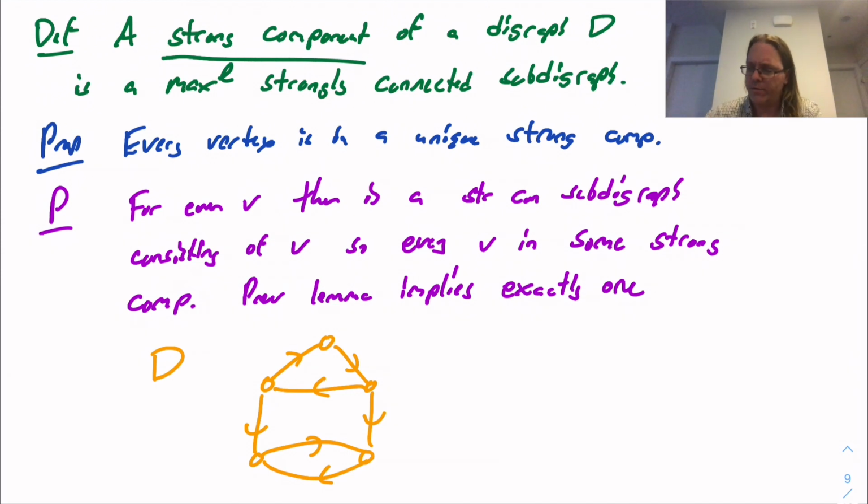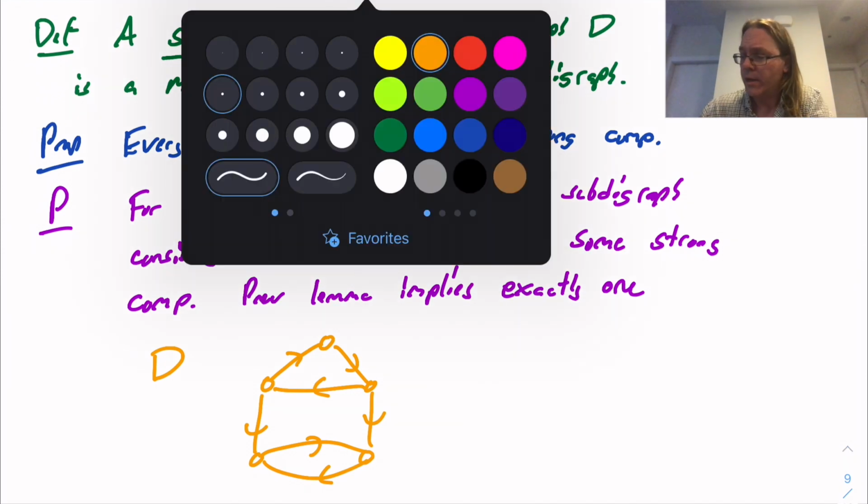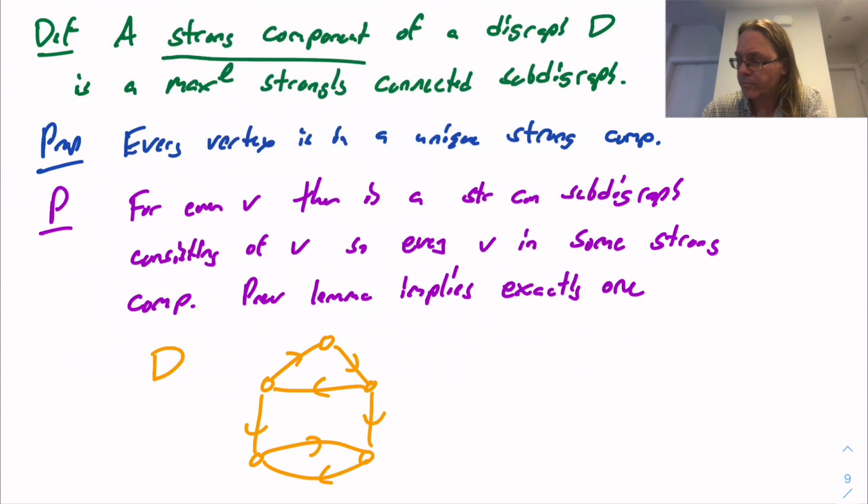So here's a digraph D. Let's talk about the strong components. Now, up at the top here, you see a little directed triangle, right? Now the presence of that directed triangle, it's clear you can take any vertex in that triangle and get to any other vertex in that triangle, because you can just follow along the orientation of the triangle till you get to the one you want.